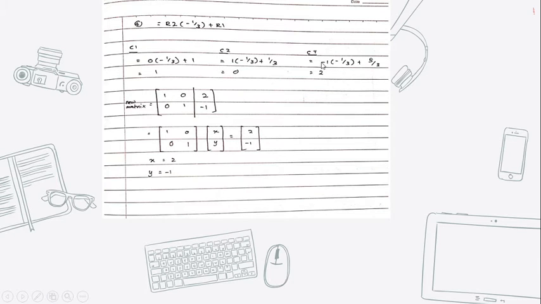And for the solution column, negative 1 multiplied by negative 1 over 3 plus 5 over 3 becomes 2. So the final answer and the new matrix: x equals 2 and y equals negative 1.